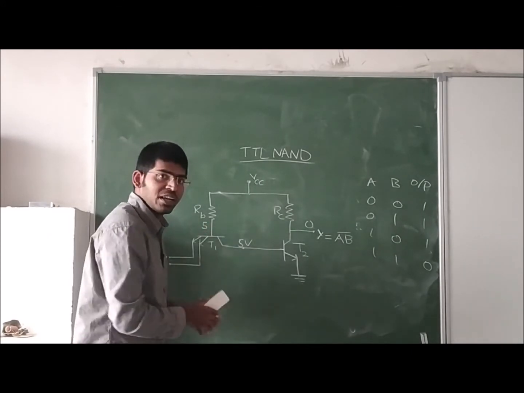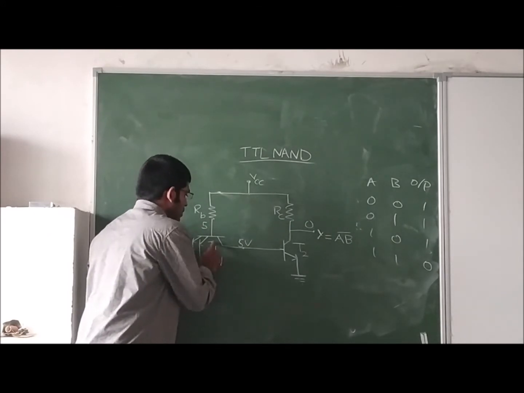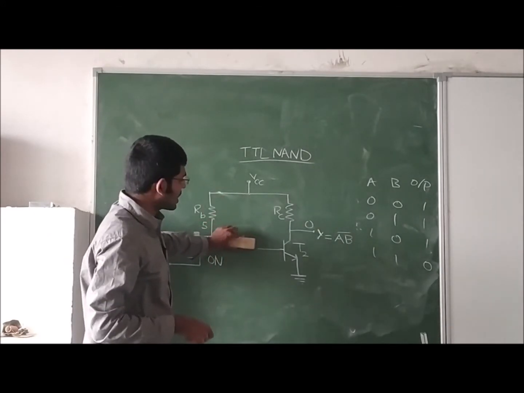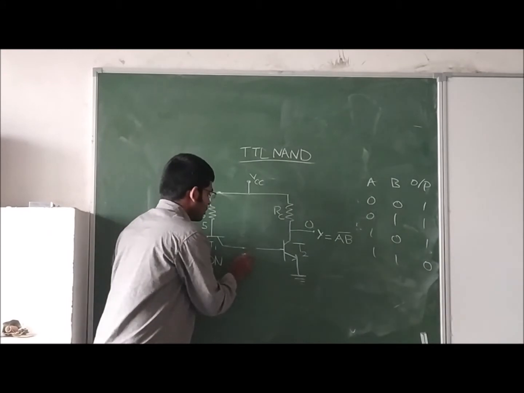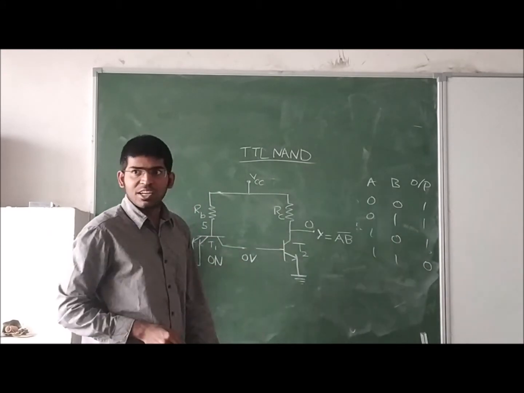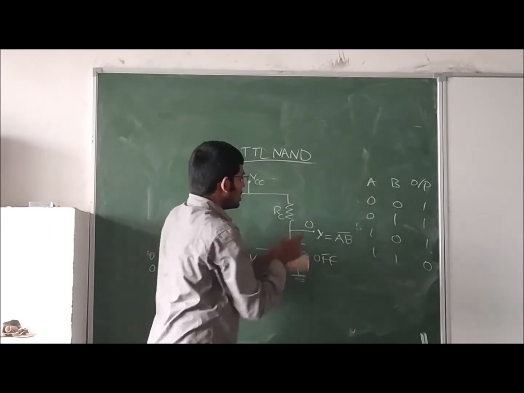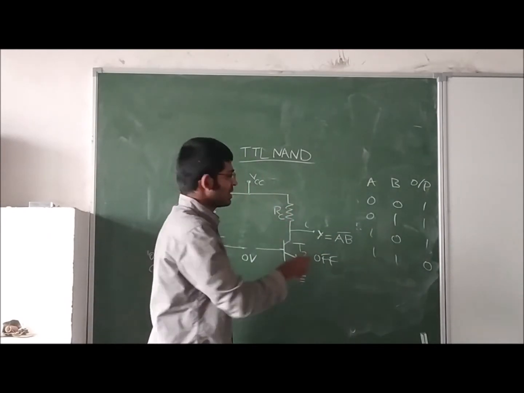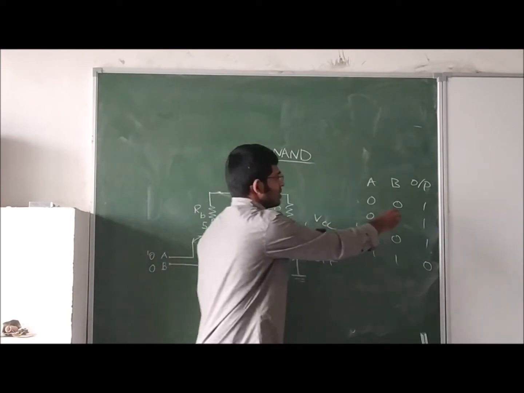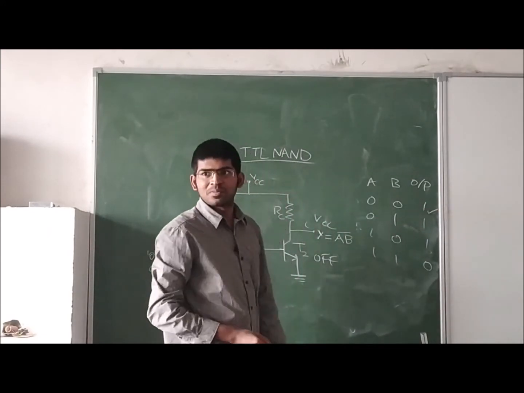So this transistor T1 is in on condition. Because this is in on condition, the voltage at collector is 0. This transistor T2 is in off condition. Because this is in off condition, what is the output voltage? Right?